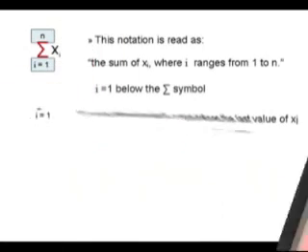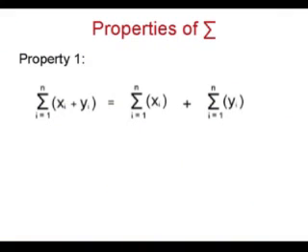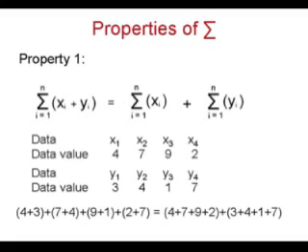This summation property indicates that the sum of x sub i plus y sub i is equal to the sum of x sub i plus the sum of y sub i individually. To verify this property, simply see that the left half of the property means to add the first x and the first y, the second x and the second y, and so on to arrive at a number.